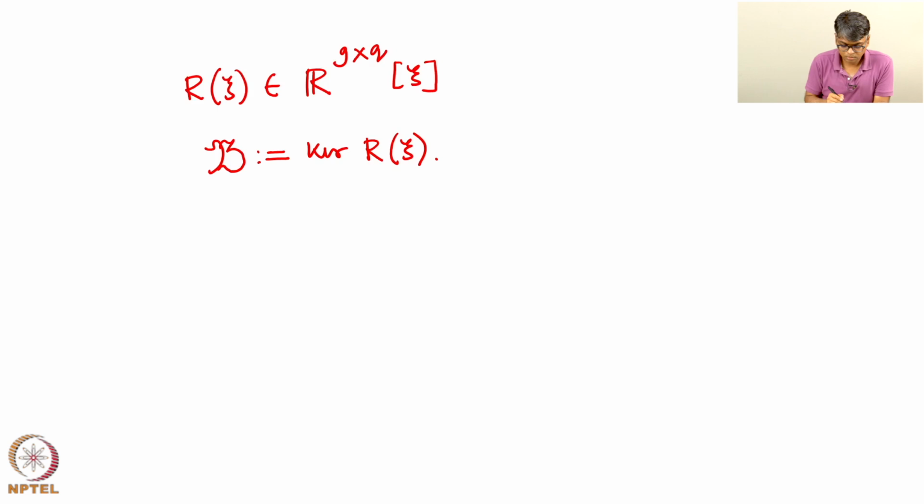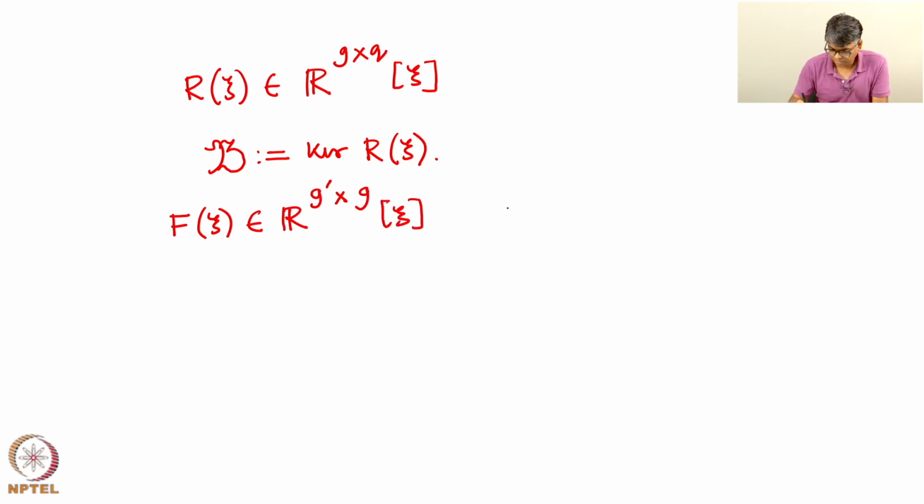Now, suppose I just take some other polynomial matrix F(xi), which is of size, say, g prime cross g. Sometimes I will write the sizes immediately after R and then put the xi, and sometimes I will write it the other way.